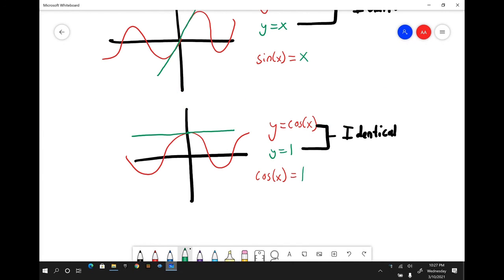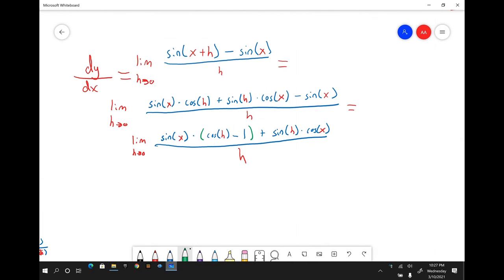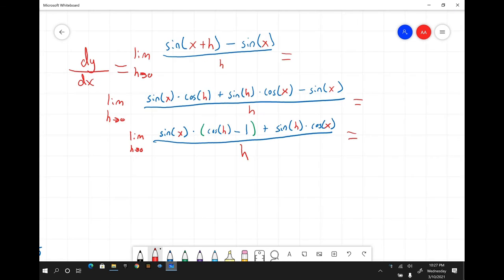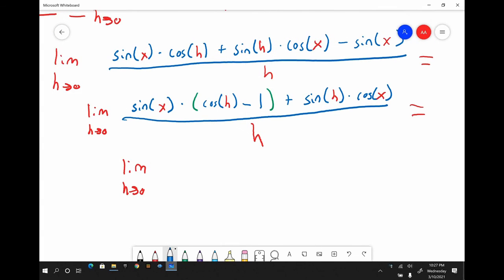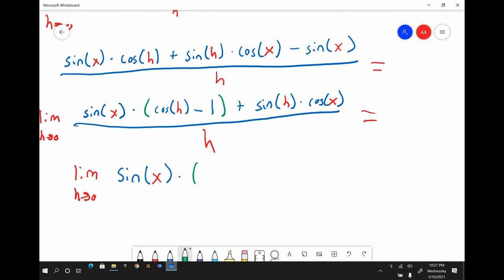So plugging this back in, we will have that the limit as h goes to 0 of the sine of x times the cosine of h, which we now know for small inputs of h is equal to just 1.